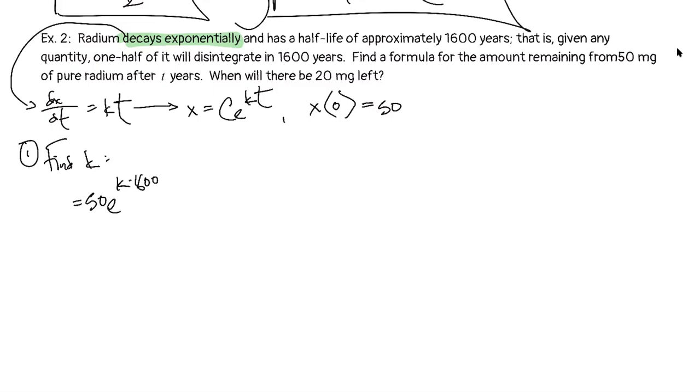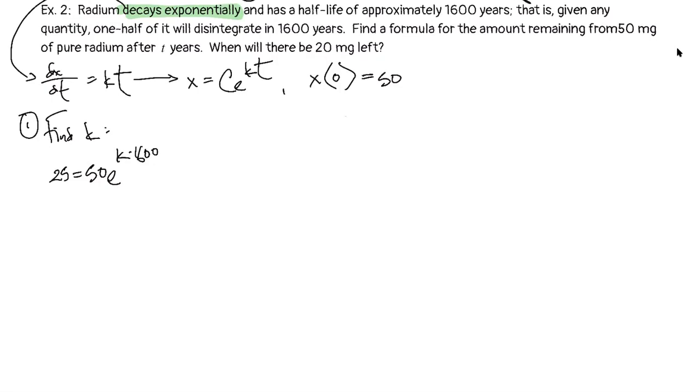Because that talks about the years, like how long something's going to happen. So what goes on the other side then? 25. How did you get that? Because it's the half-life formula. Beautiful. Exactly, right? They didn't give it to us. Nobody told us, oh, hey, 25 milligrams. But it was implied because they say half of it will be gone in 1,600 years. Okay.